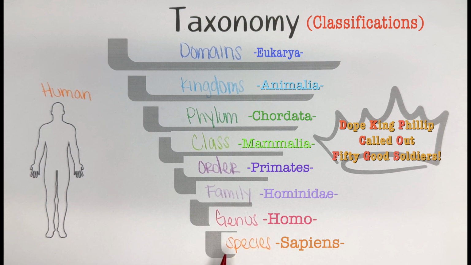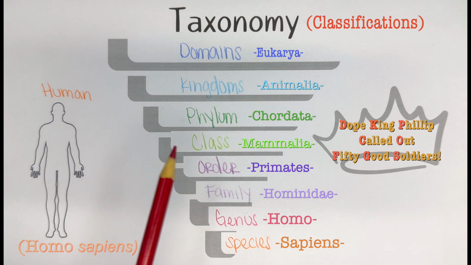When it comes to the species, you want to make sure that the species name, which is sapien, is lowercase and italicized. So when it comes to a human, we are known as Homo sapiens.